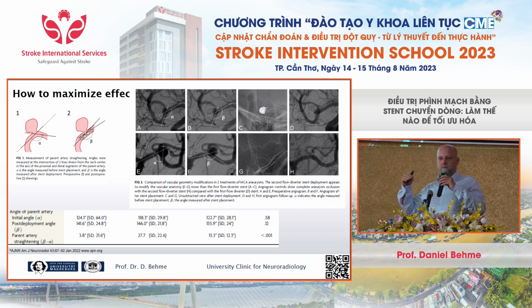If, like in the upper row of images, you have no angle change and the angle is rather steep, that usually goes along with remaining flow to the aneurysm. So they found a significant difference: stronger parent artery straightening, occlusion; no straightening, remaining aneurysm.